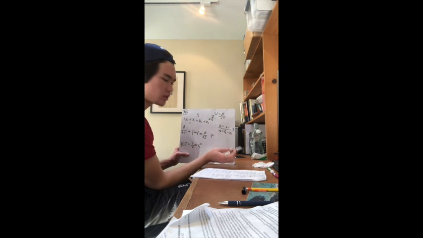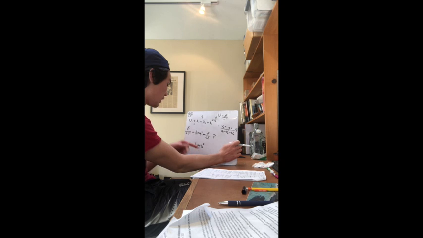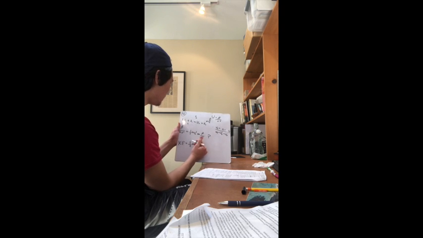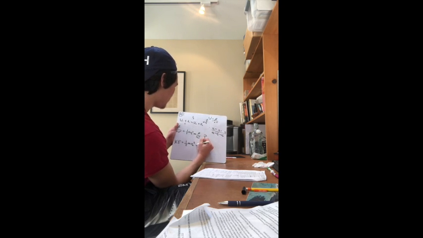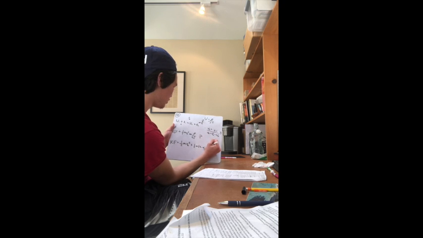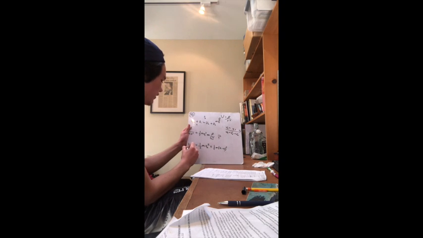That's just substitution to give us one variable. So KE equals 1/2 m VA squared plus 1/2 m (v naught minus VA) squared. So this is the equation of kinetic energy.